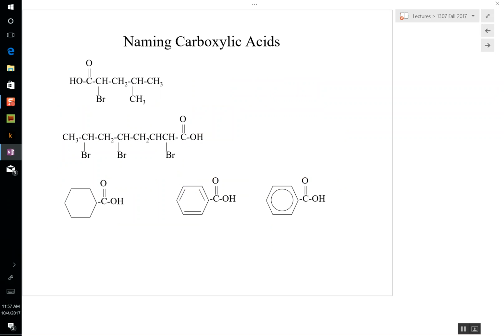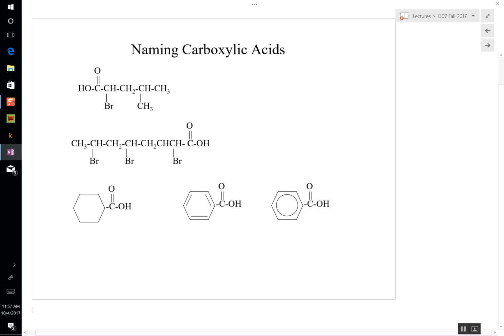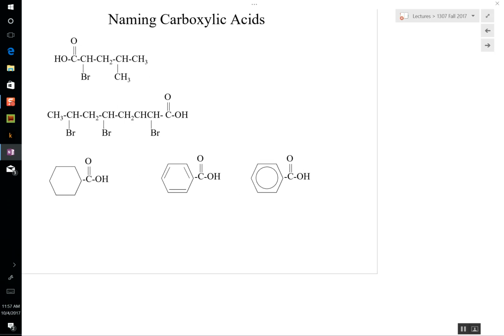All right, let's name some of these. Let's go ahead and name that top one. What's the parent name? Pentanoic. Pentanoic acid. It's going to be part of its name.